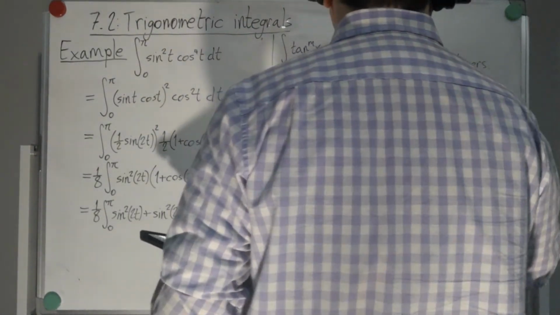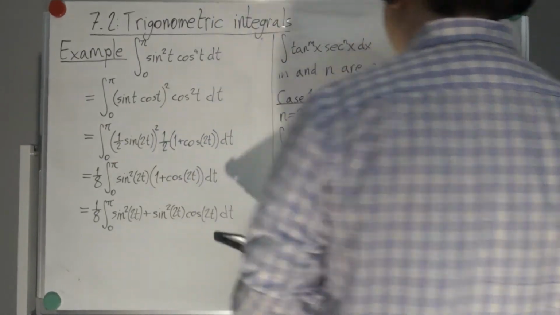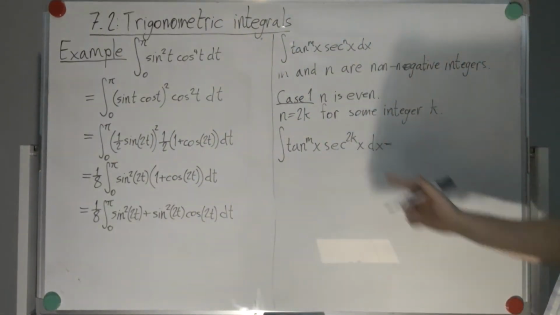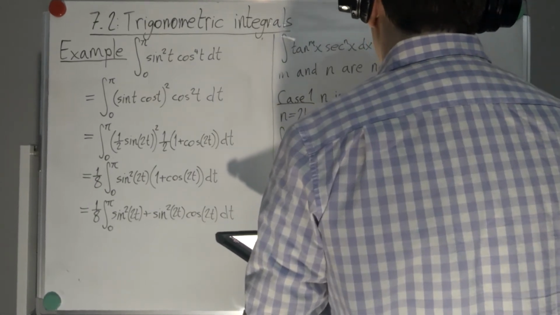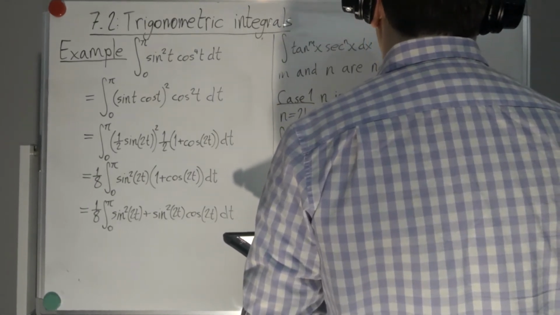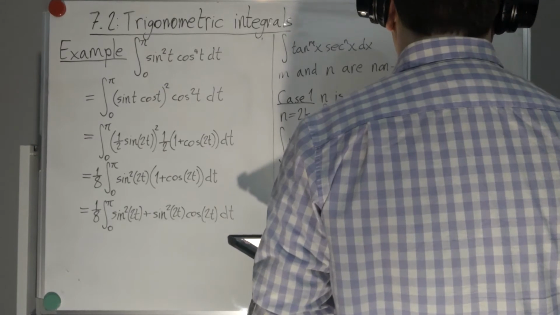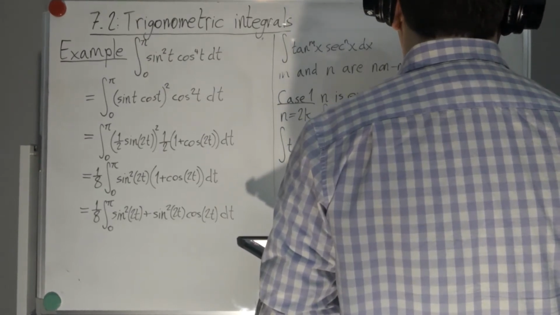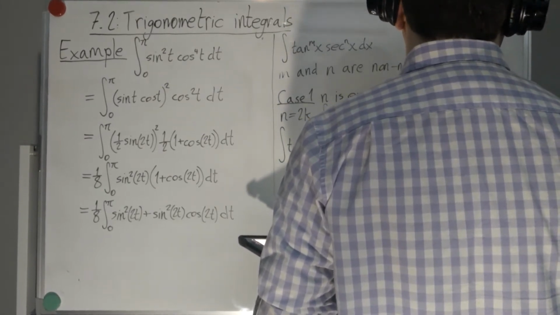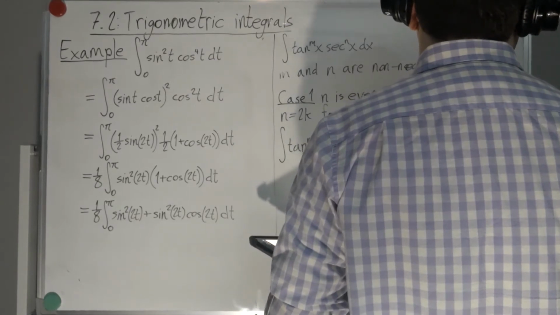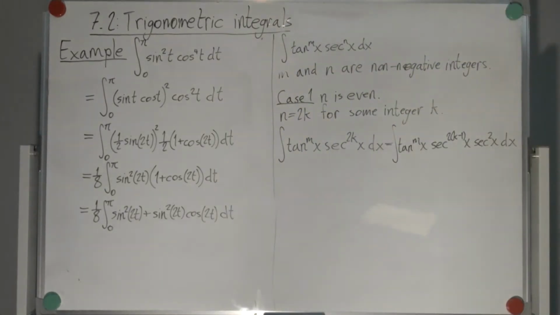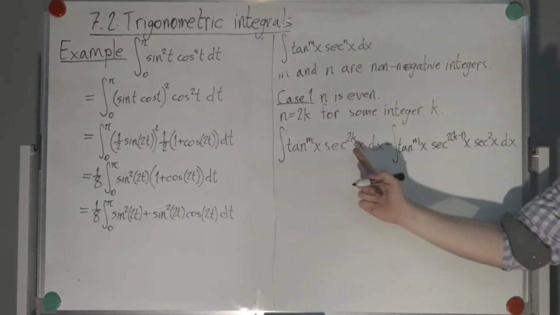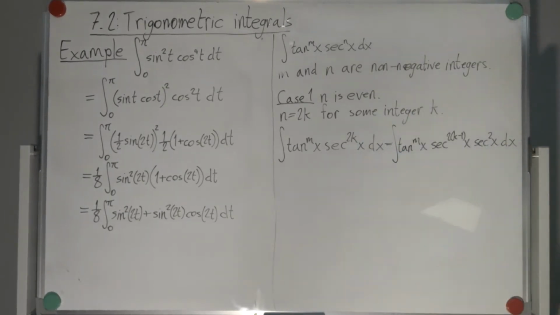But in any case, we'll take out two factors of secant from here. So this is the integral of tangent to the m of x secant to the 2 times k minus 1 x secant squared x dx. And if you add the exponents here, you should get back to this, right?